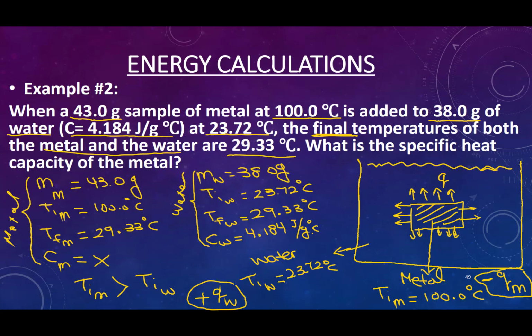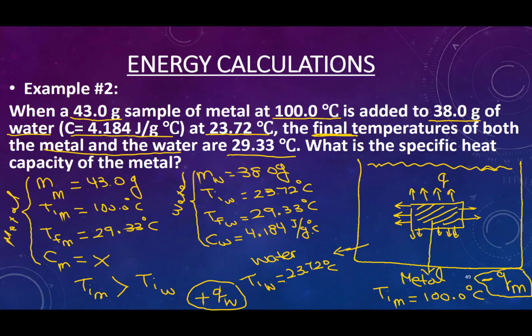Since water is gaining the heat, its heat is positive. That's why I put positive Q double. Whereas for the metal, it's losing it. It's negative. And at some point, which is the final temperature point, they will have the same energy.